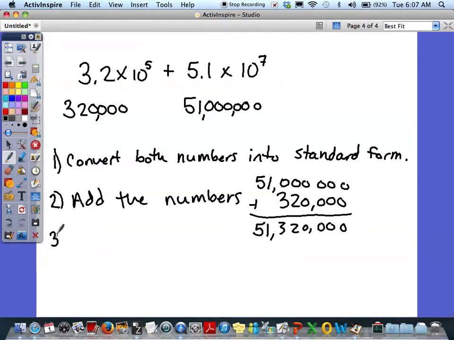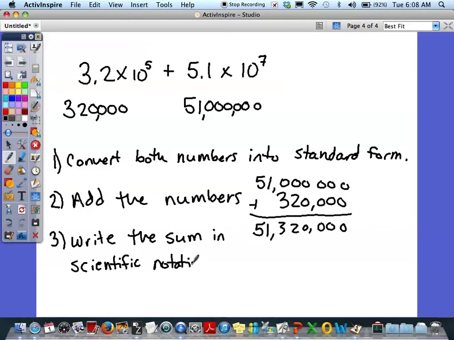And then the third step would be to write the answer, or the sum, in scientific notation, or 5.132 times 10 to the 7th.